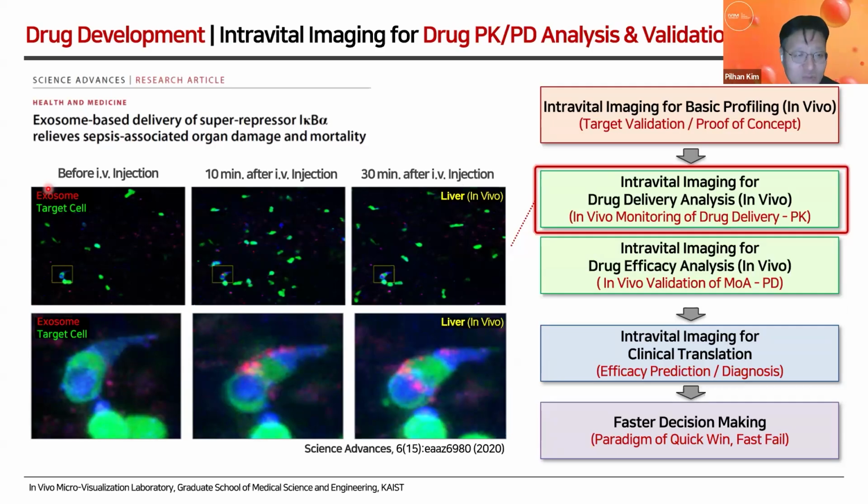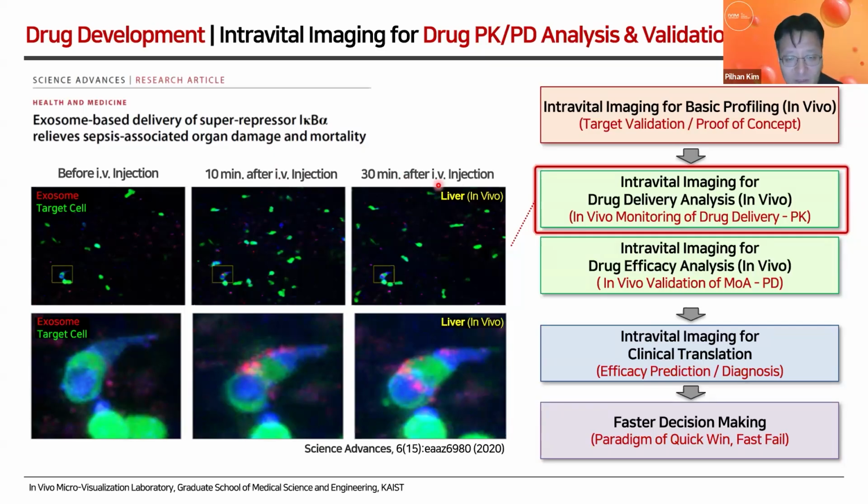We monitor the exosome delivery, therapeutic exosome deliveries. So this red color is the exosome, and green color is our target cell in the liver. Okay. So this is before injection, and this is 10 minutes after the IV injection of this exosome. Okay, and then we can see very rapid targeting of this target cell by the intravenously injected exosome, as you can see in here.